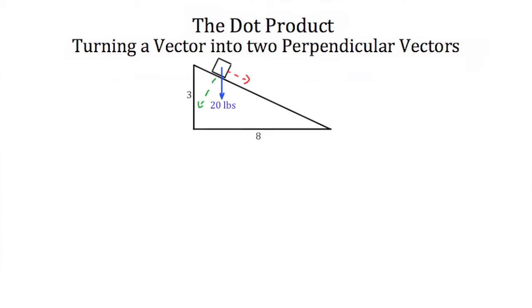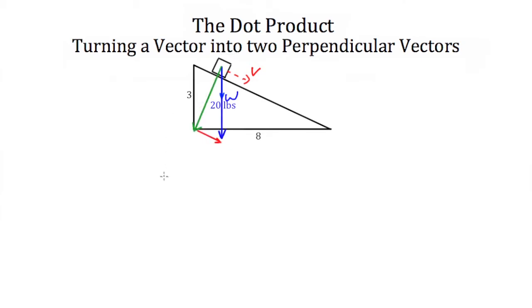Well, to do this, there's a formula I can use. Let's call this direction down the plane V. So this is the direction vector V. I'm going to call my weight vector, vector W. And I want to turn this W into two vectors that are perpendicular.